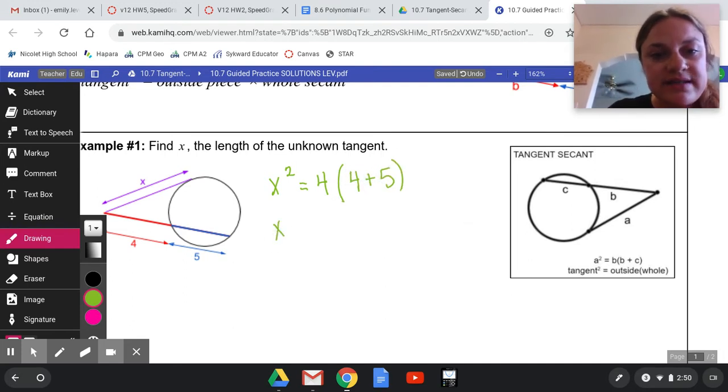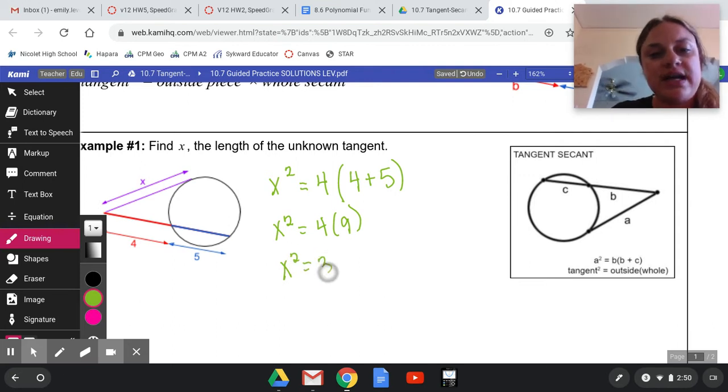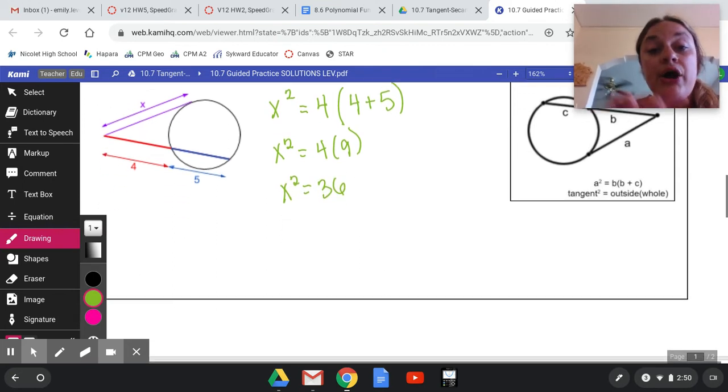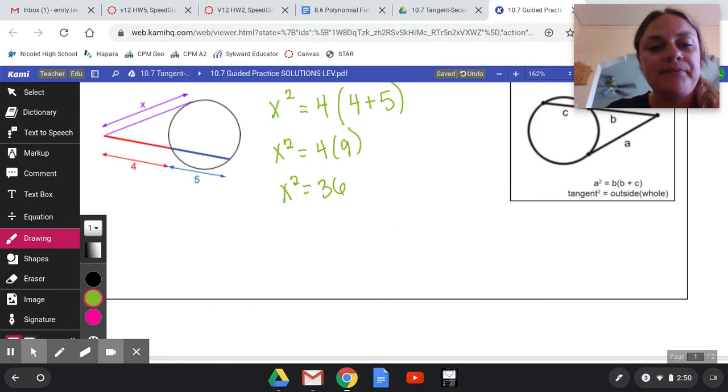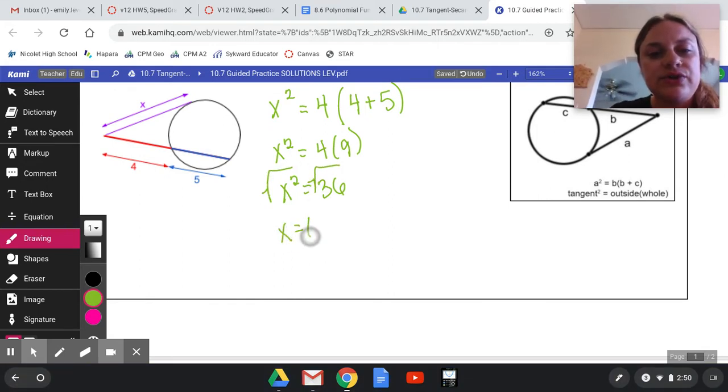So going through this, I can simplify inside the parentheses. So 4 times 9, x squared is equal to 36. How do I undo an x squared? I take the square root. So x is equal to 6.